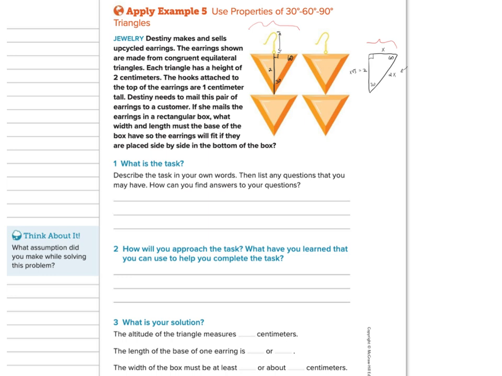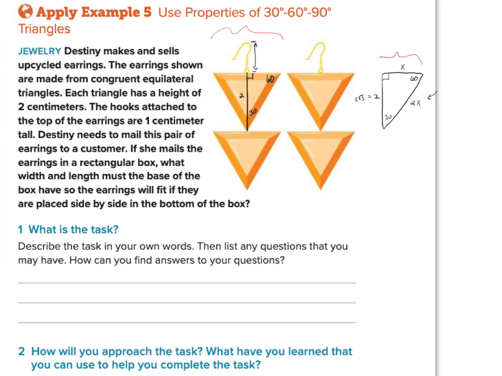If we know the height of the triangle, or the earrings, then we should be able to use that to find this portion of the width and then double it.